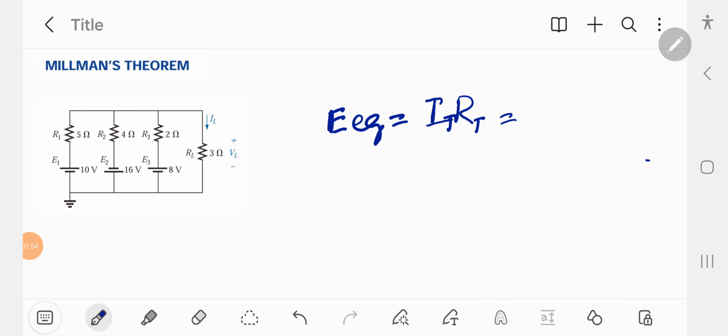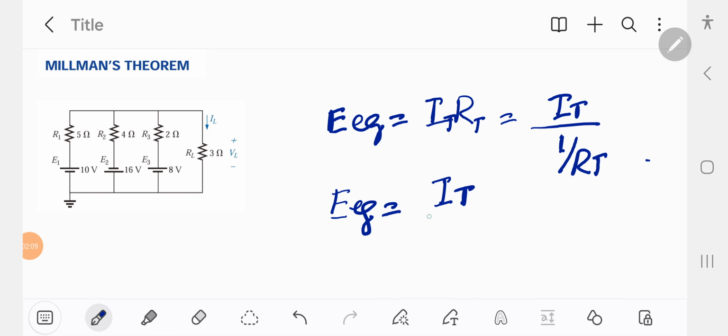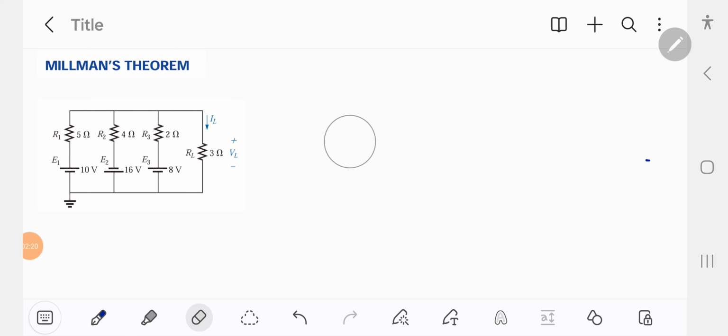We will modify this equation and write it like this. So this is our basic equation to find an equivalent voltage for Millman's theorem.